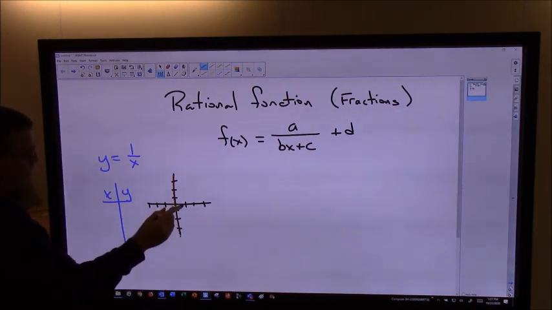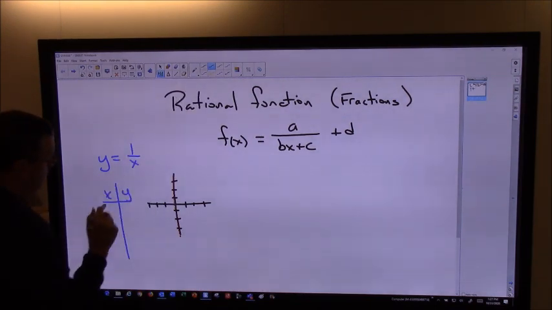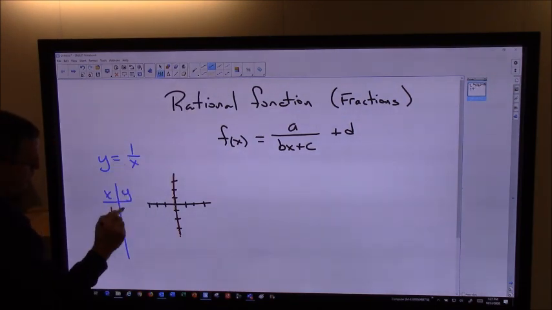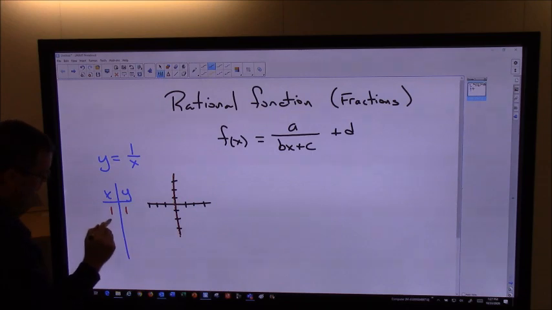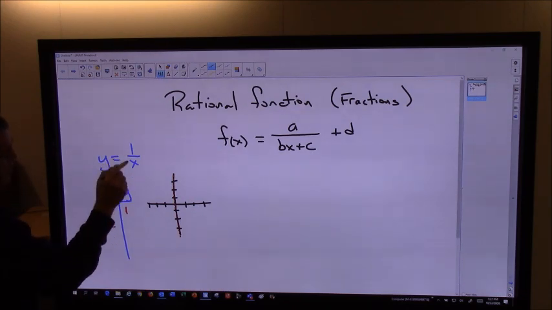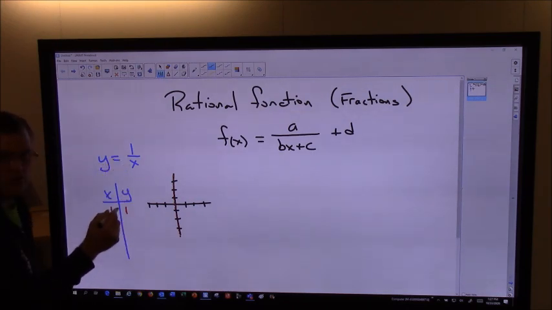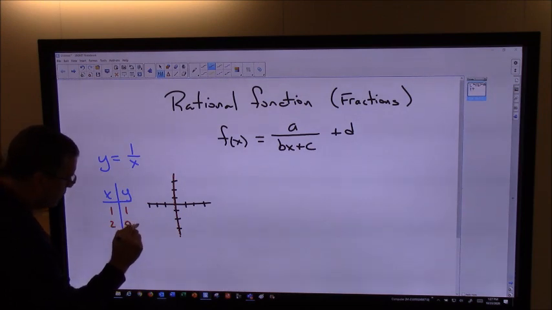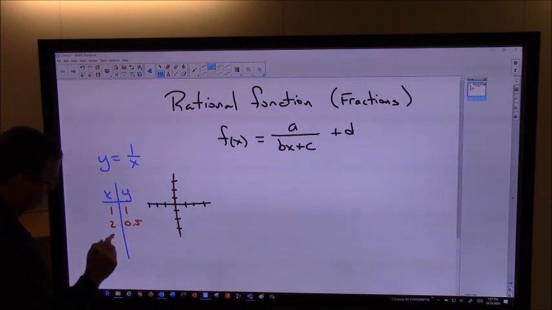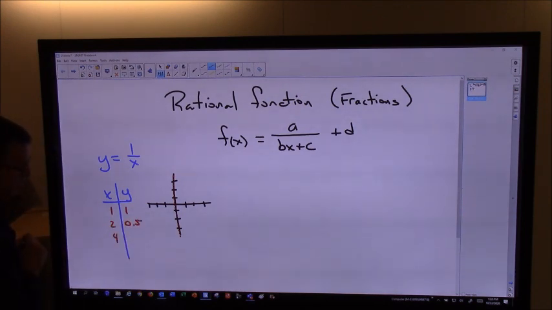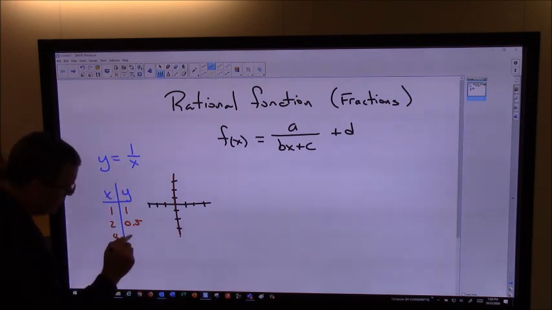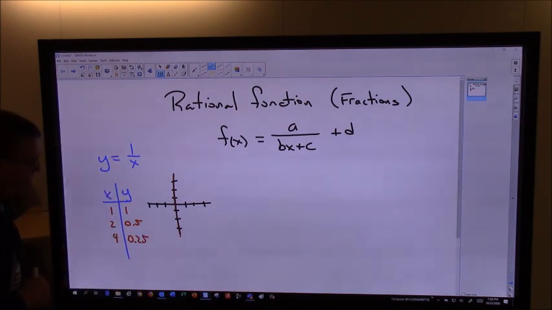So if I plug in a 1, 1 over 1 is 1. If I plug in a 2, 1 divided by 2 is 0.5. If I plug in a 4, let's say, then 1 divided by 4 is 0.25.